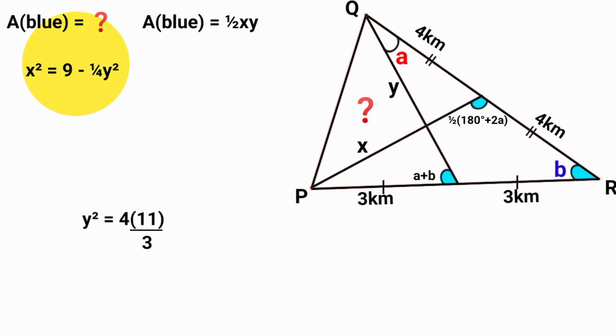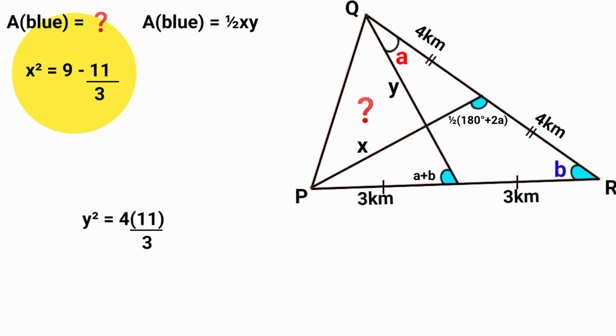Now come to this our equation. x squared equal to 9 minus 1 over 4y squared. Replace this y squared with this value here. So x squared equal to 9 minus 1 over 4 open bracket 11 over 3. This 4 cancels this 4.